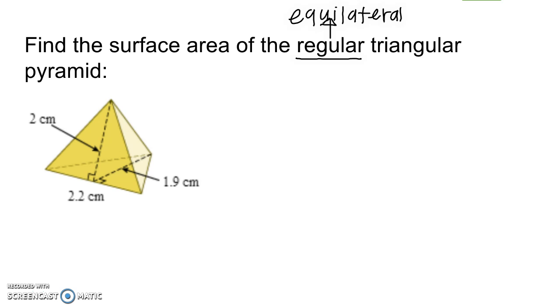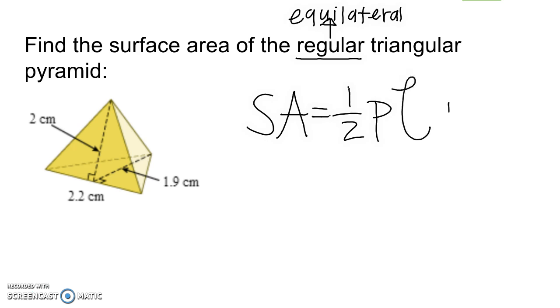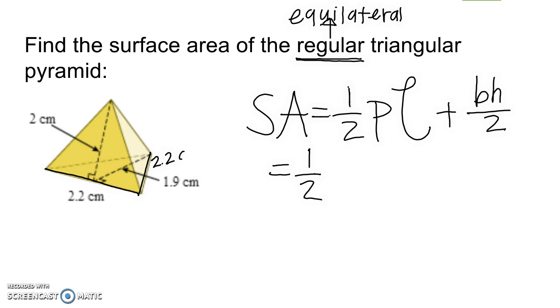Alright, I'm going to write my surface area formula. 1/2 times the perimeter times the slant height plus base times height divided by 2. Alright, and I'm starting with, I bring down the 1/2. I need the perimeter. What did we just say? Regular means equilateral. So if this side is 2.2, that means this side is 2.2.